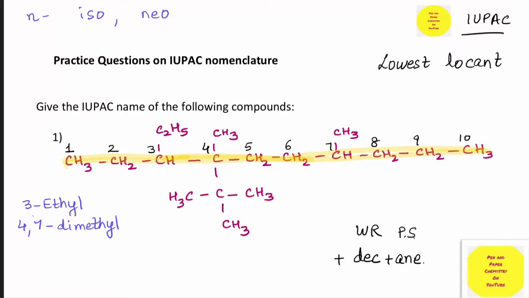Again, I've made a separate video on this topic. Please go through that. So either I can name it as tertiary butyl group, but the t will not be considered in alphabetical order. What do I mean by this alphabetical order? We will talk about it. So 4-tertiary butyl, right?